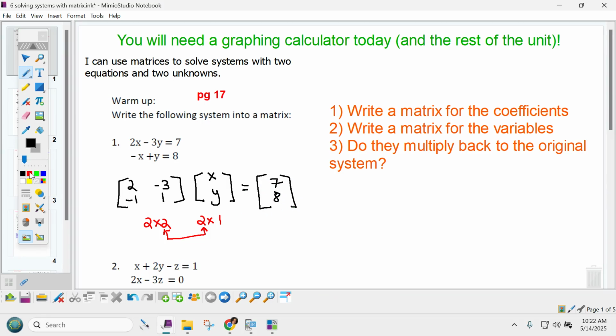And now, if I think about multiplication for matrices, and I go row by column, I've got 2x plus negative 3y. That equals the top equation. Then if I go this row by the column, I've got negative 1x and 1y, which makes the bottom equation.